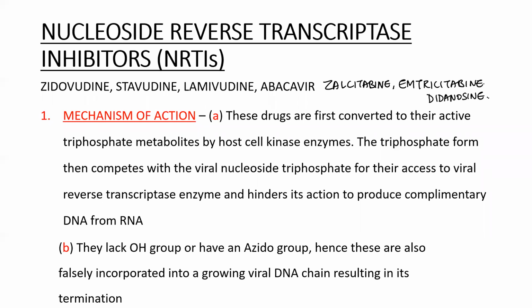Right. So these drugs are first converted to their active triphosphate form, like the other non-retroviral drugs that we discussed in the last class, by host cell kinase enzymes. Kinases will phosphorylate this into an active metabolite. Now the triphosphate form competes with the viral nucleoside triphosphate for access to viral reverse transcriptase.